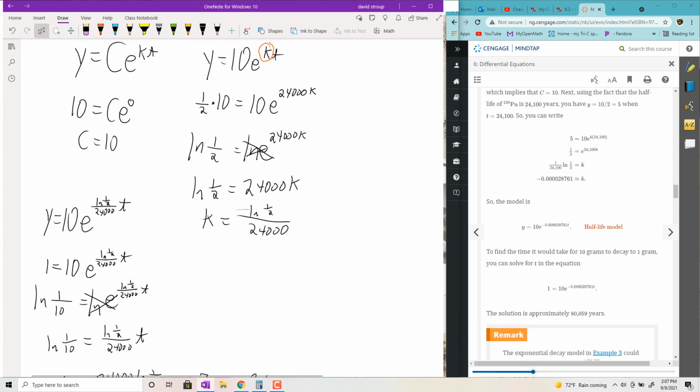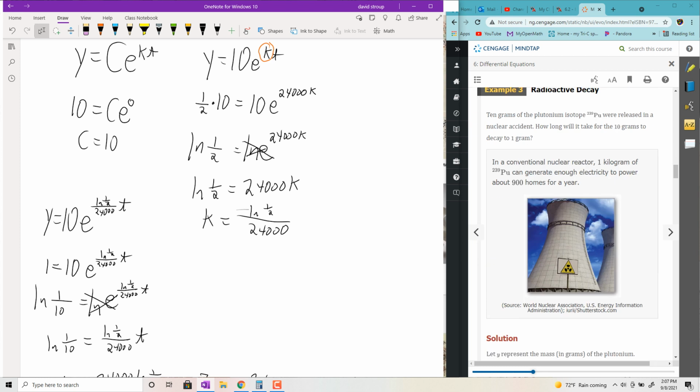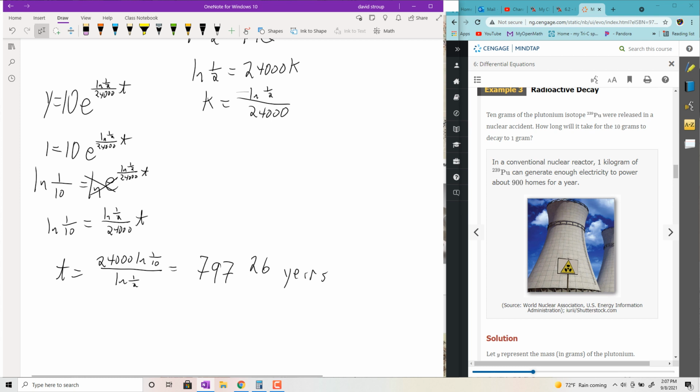Oh, I see. I miscopied it, it's 24,100. So my answer is probably off then. I could fix that really quick, just put a 1 here, and then I'll probably get the answer they got. Let me see if that does the trick. Sorry about that.